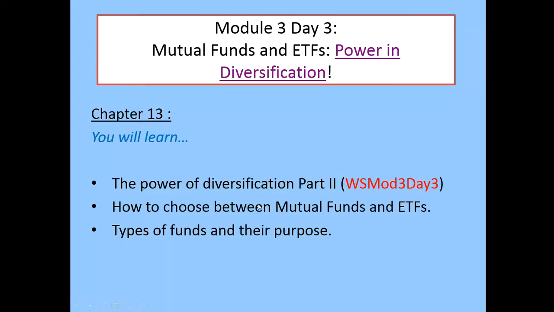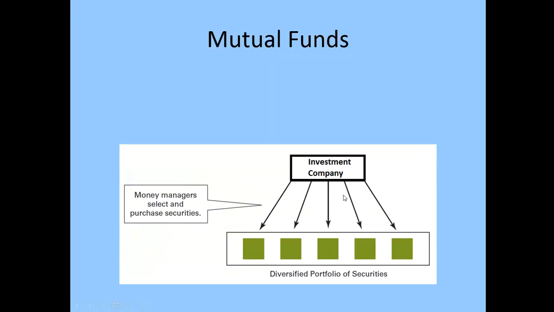Okay. So diversification is important, and that's where we start with mutual funds and ETFs. So what is a mutual fund, and why is it so important for the casual investor? Well, down here we have a diversified portfolio of securities. And you, being an investor, might have $100.